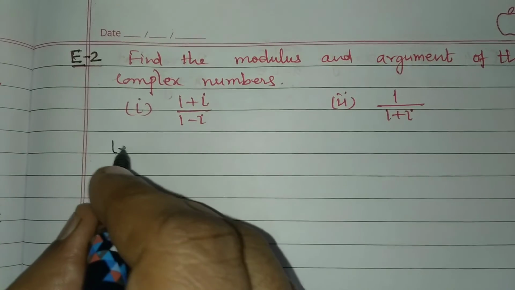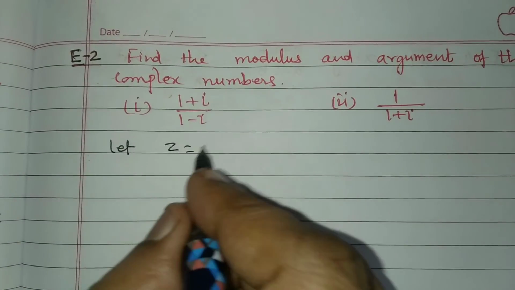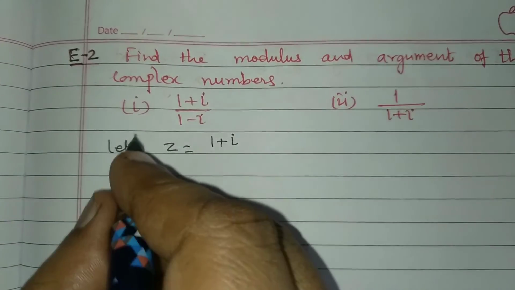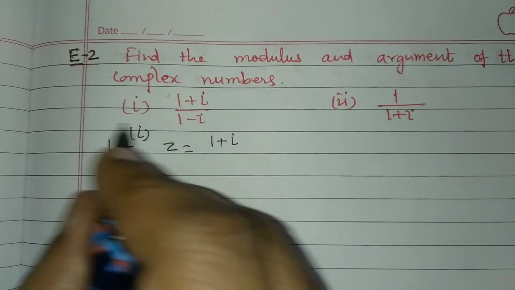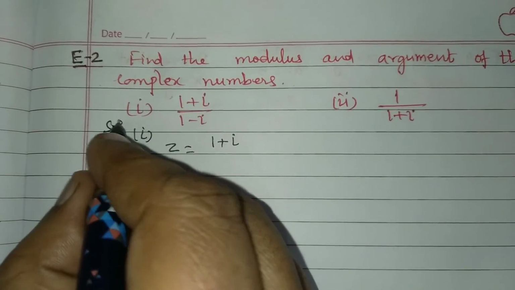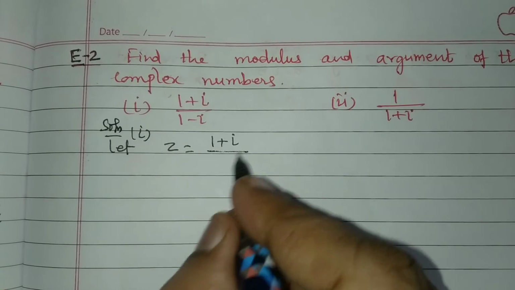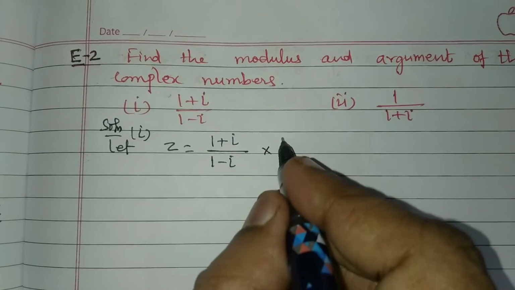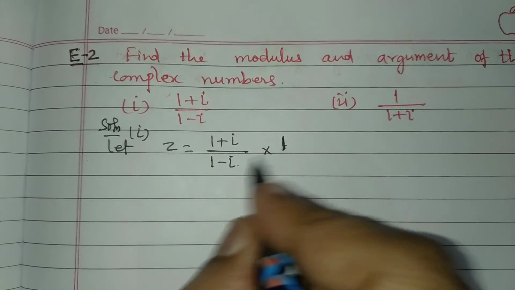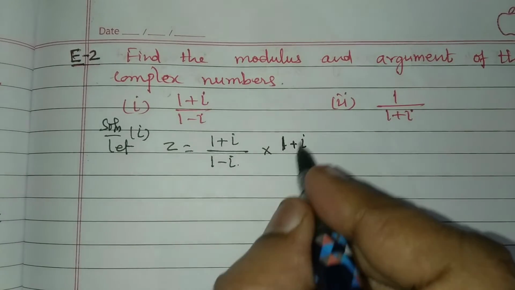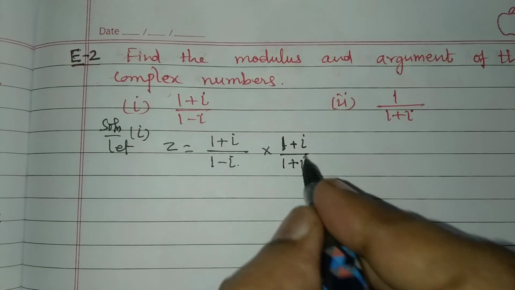So let us suppose that z is equal to 1 plus i. First one I am doing, solution: 1 minus i, now multiply by the conjugate of the denominator, 1 plus i, 1 plus i.